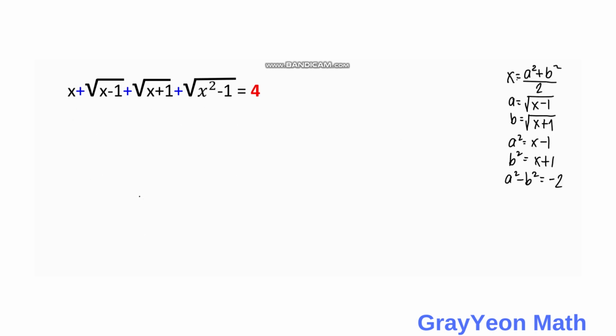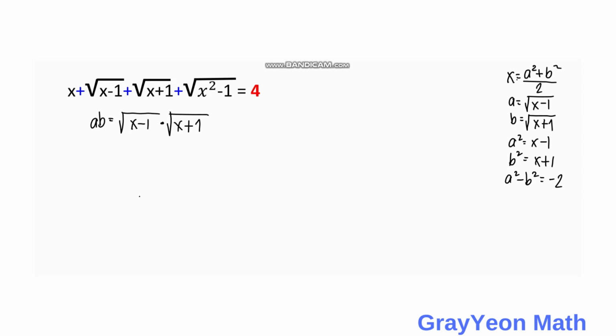Okay, so knowing that the value of a is equal to the square root of x minus 1 and b is equal to the square root of x plus 1, we have ab is equal to the square root of x minus 1 times the square root of x plus 1.